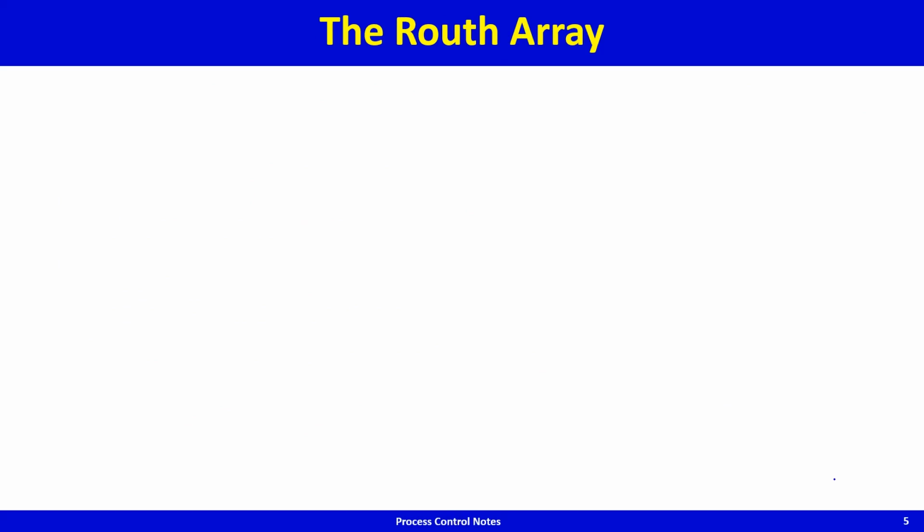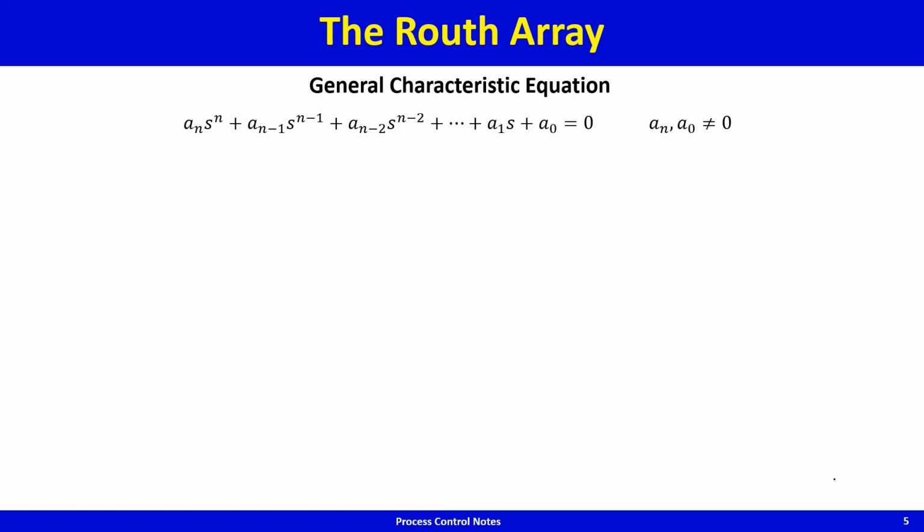How do we calculate the Routh array? It's actually quite simple. This is that general characteristic equation. Remember, we made the general transfer function, which was G equal to, well, let me see, maybe I should put it in shorthand. I like these summations.